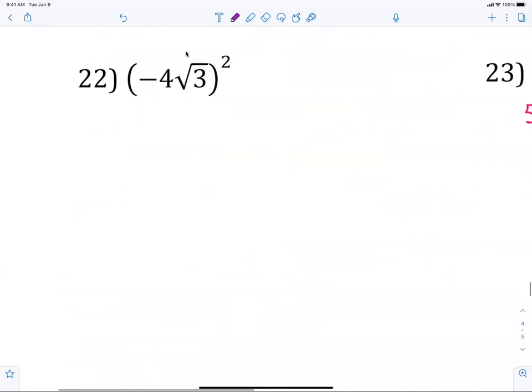Okay, 22. Square them individually. Negative 4 squared is 16. Square root of 3 squared is 3. 16 times 3 is 48. And last one.